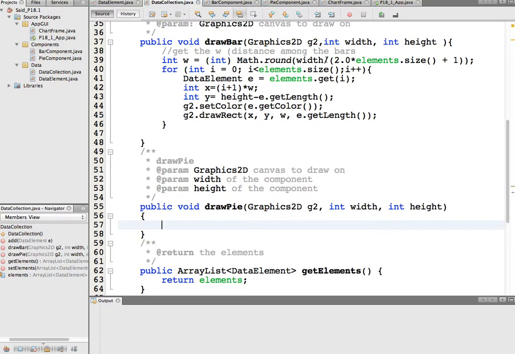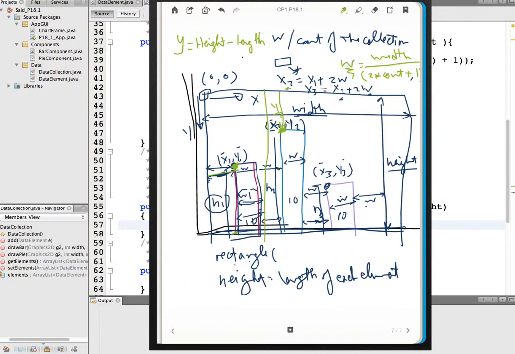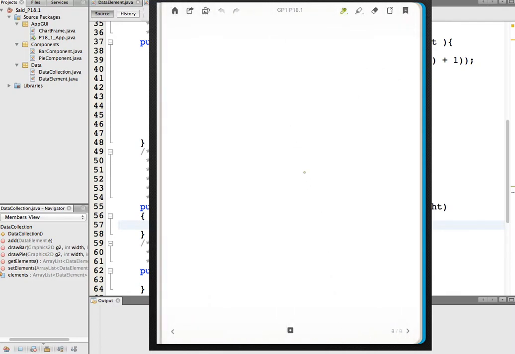And similar to what we did in the previous video, let's think a little bit on how we can go about drawing the pie chart. And I went through this in class before, so let's just spend a few minutes looking at this. So a pie chart is a circle like this, if I can make a good circle. Right?